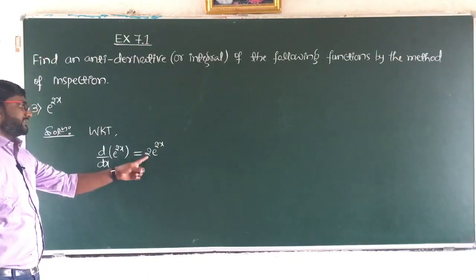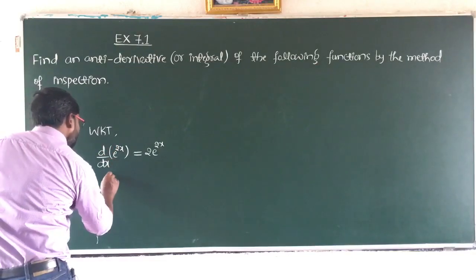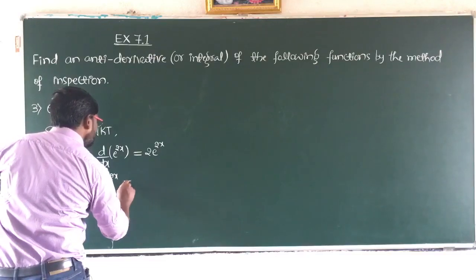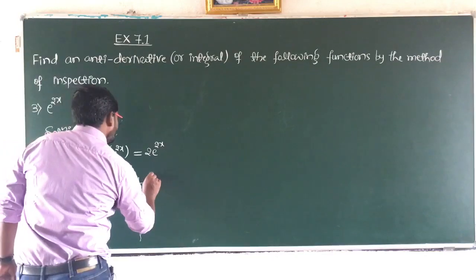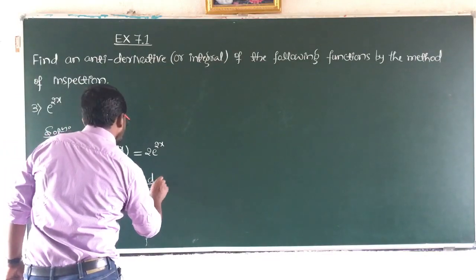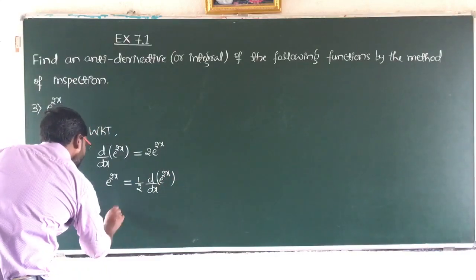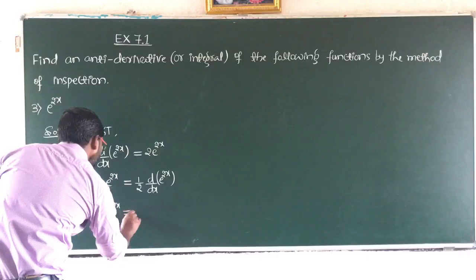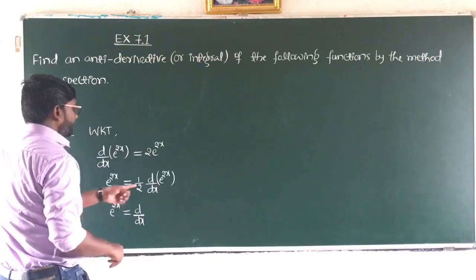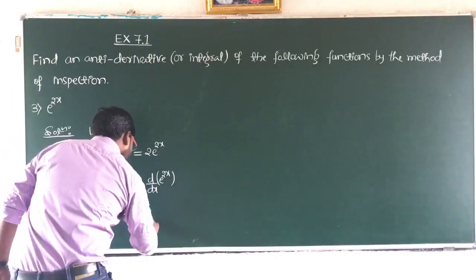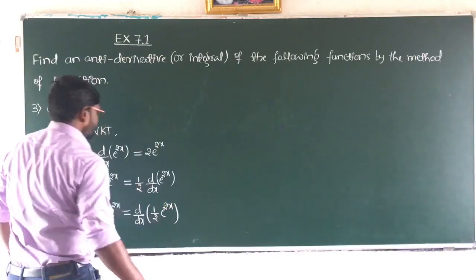Now take 2 to the LHS, it goes to the denominator. It becomes 1 by 2 into d by dx of e raised to 2x. So e raised to 2x is equal to d by dx of, then take 1 by 2 inside the bracket. Now we get 1 by 2 into e raised to 2x.